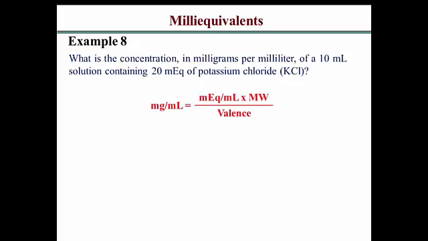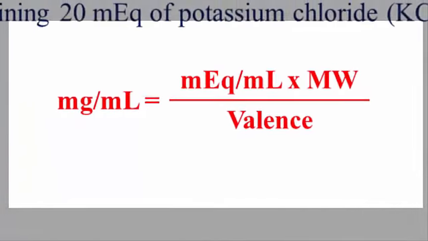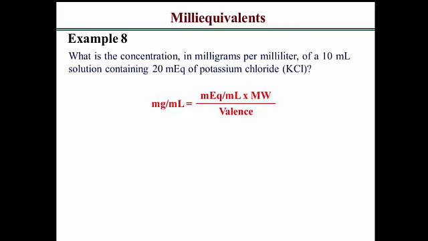This is the equation that you want to be using. One of the things we want to determine is the molecular weight. We want to determine the valence, and we need to ultimately determine the milliequivalents per milliliter to allow us to determine the number of milligrams in a milliliter.